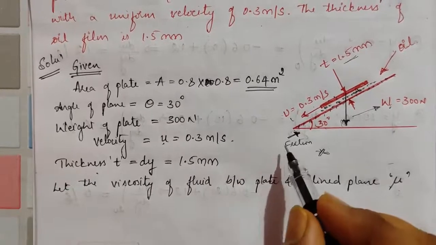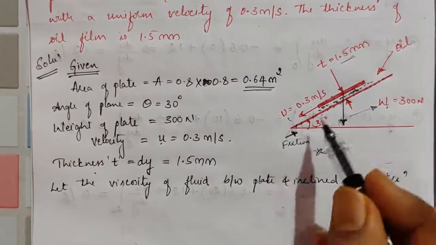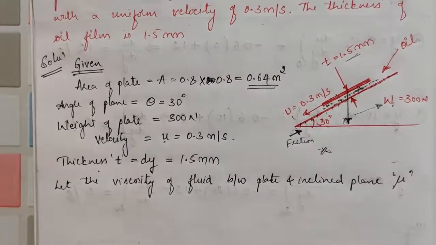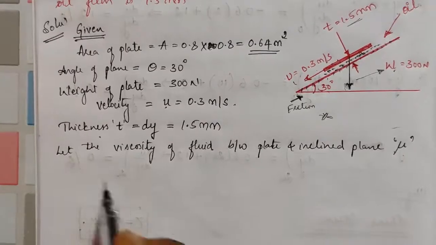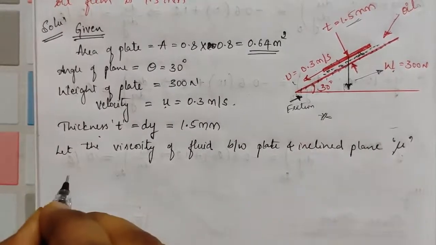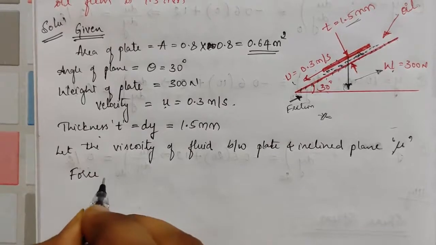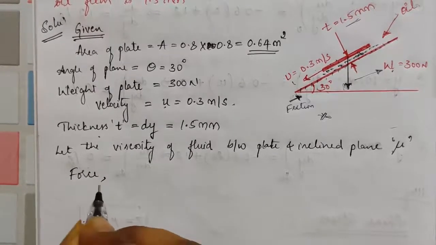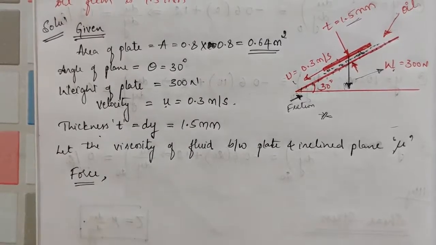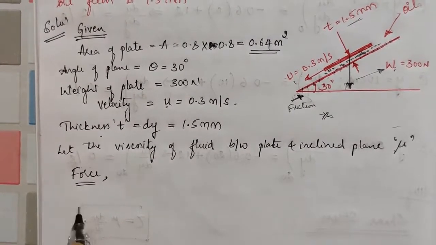So friction force exerts a force like this, opposite to the running force, right? Now we need to find a force. In this chapter, any force on the liquid is shear force only.